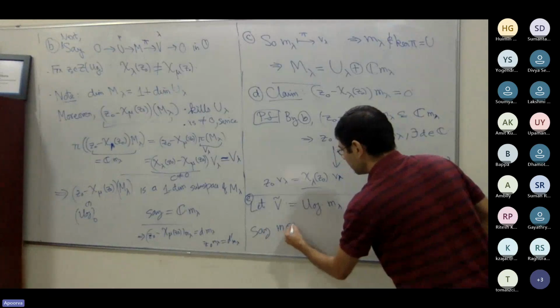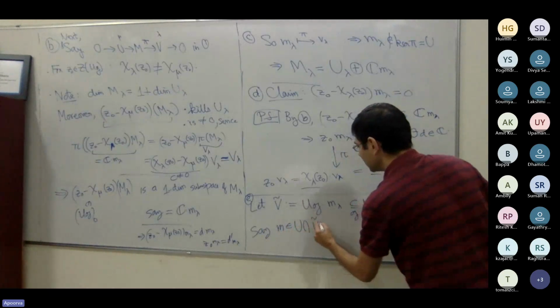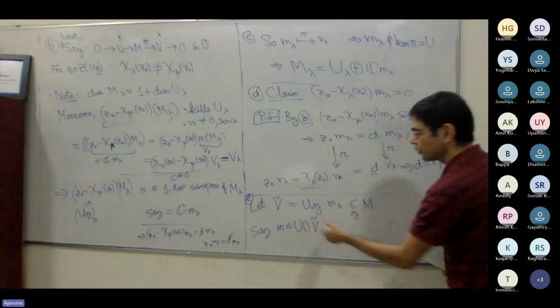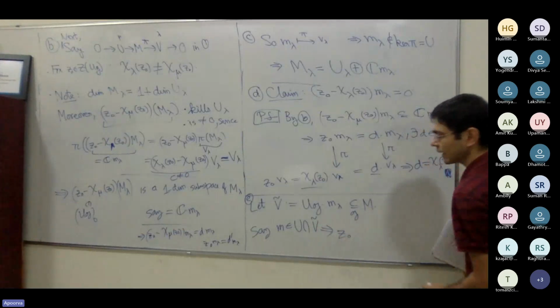Say M belongs to U intersect V tilde. Look at what happens when Z naught acts on it.